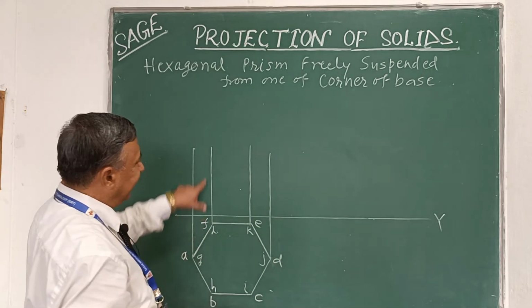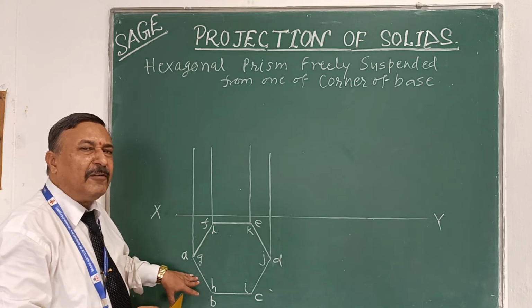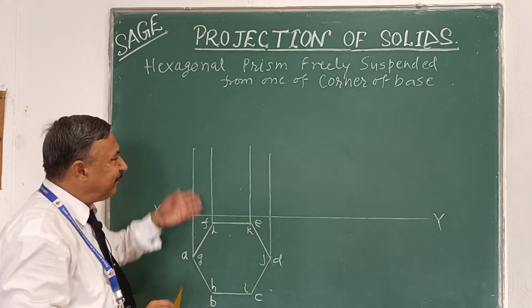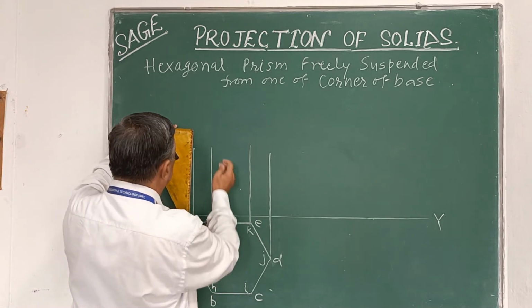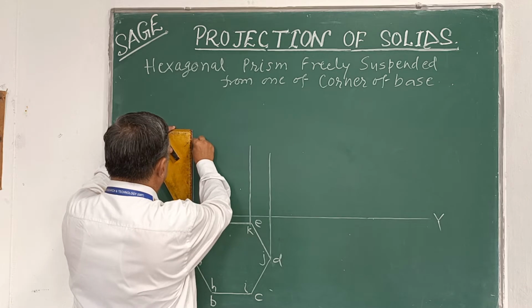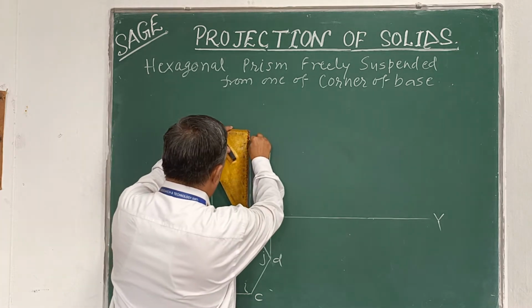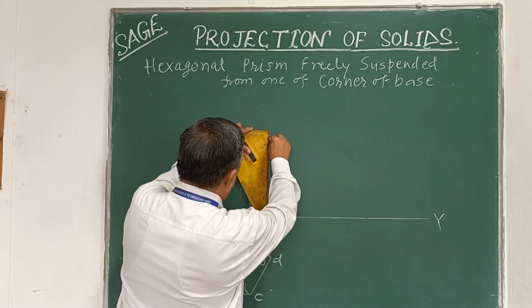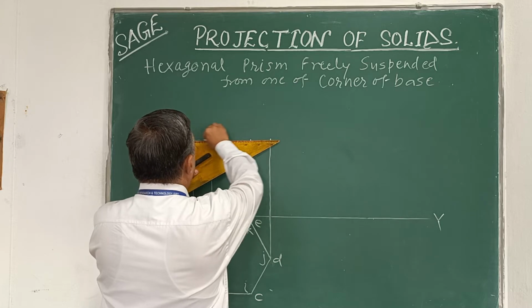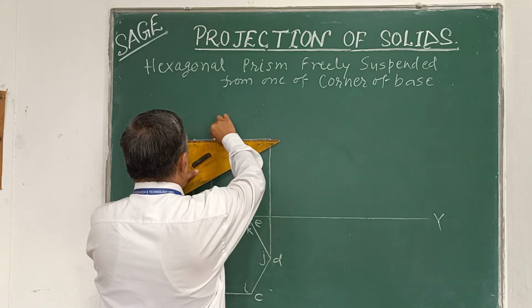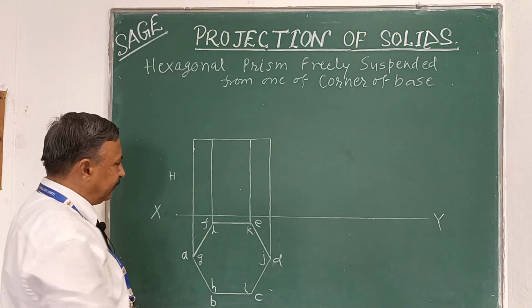So I take the height here. Suppose one base side is 25 and the height is 50. So here we take 50 mm height. This is the height of the prism.